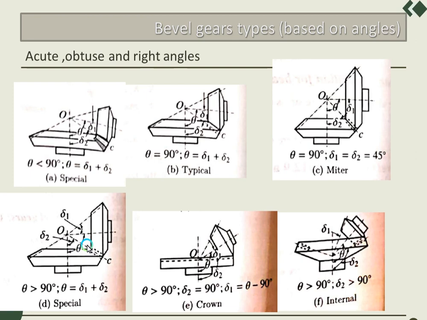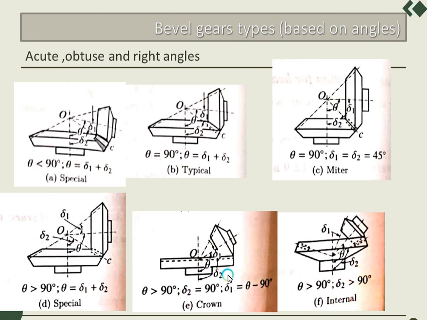More importantly, in this case we have three varieties of bevel gears. In the first, theta is greater than 90 degrees and theta equals delta 1 plus delta 2, where delta 1 represents the pitch angle of the pinion and delta 2 represents the pitch angle of the gear.